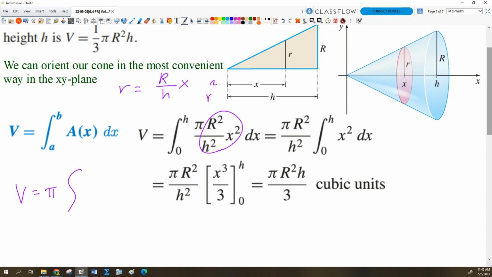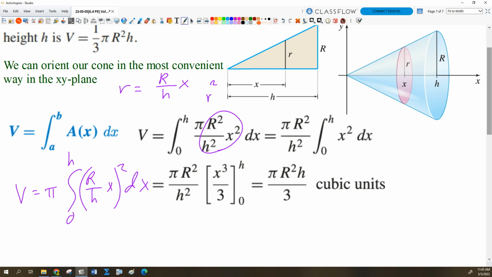We're just going to add up the volume of disks. R squared dx is the volume of a disk, right? Okay. So r squared, which is that stuff, dx from 0 to h. What do you know? Same integral.